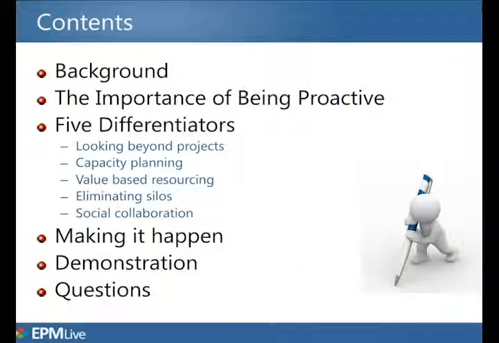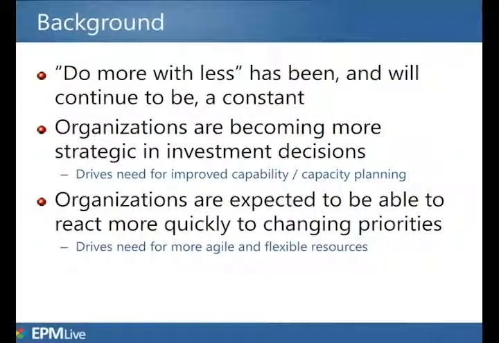So let's start off with just a little bit of background on this. We all know in our organizations this concept of having to do more with less. We hear it all the time, we've been hearing it for years, and trust me, it's not going away anytime soon. Organizations are going to try and get leaner and meaner all the time, and we're going to have to do more with fewer resources. At the same time, organizations are trying to become more strategic in their investment decisions. From a project standpoint, we're hearing a lot about portfolio management now, about managing to goals and objectives, not just managing to deliverables.